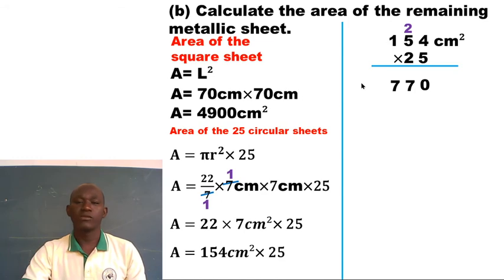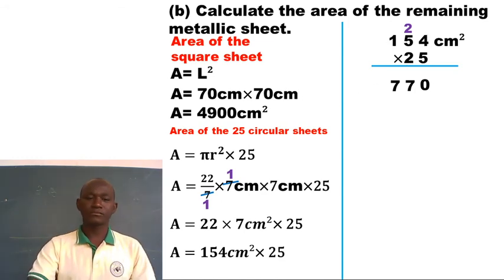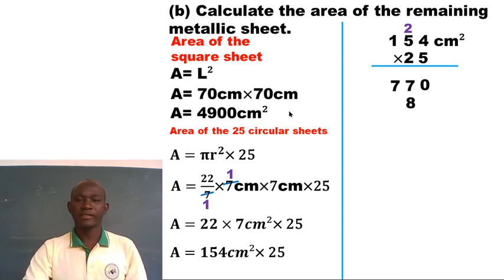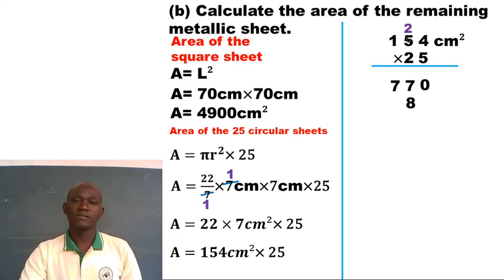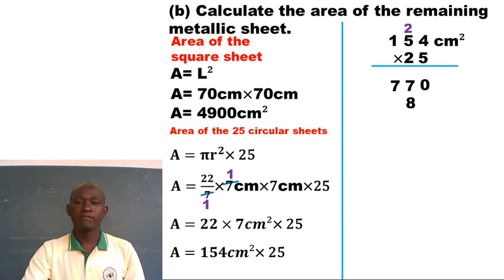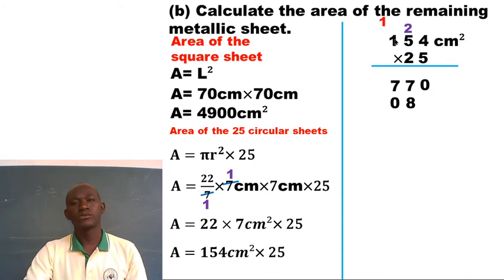So the next one, we multiply this 2 by 4 to give us 8. Then 2 times 5 is 10, but now I will write 0 and regroup 1. So 2 times 1 is 2, plus 1 to give us 3.